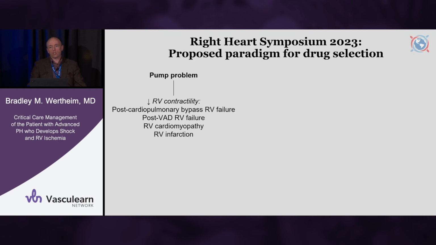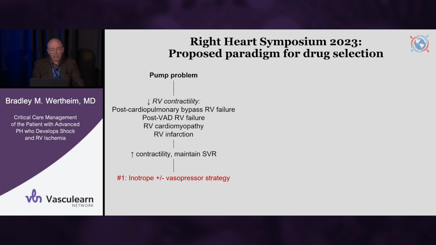So for our patients with pump problems, this is impaired contractility in the setting of a normal RV afterload. These are patients with post-cardiopulmonary bypass, post-LVAD RV failure, RV cardiomyopathies like ARVC, and RV infarcts. The goal here is you want to preserve contractility and maintain the SVR.